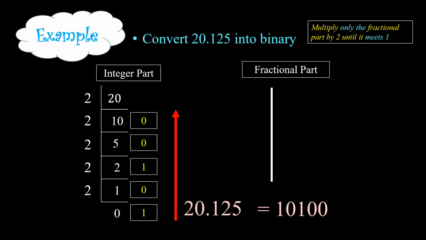Now we are going to convert the fractional part, that is 0.125. For that you have to multiply only the fractional part by 2 until it meets 1. Alright, so first you multiply 0.125 by 2 and you get 0.25. You have to write the integer part separately and the fractional part separately.